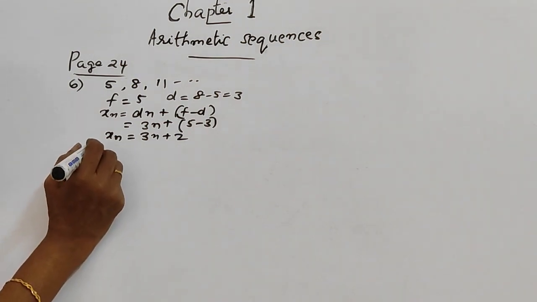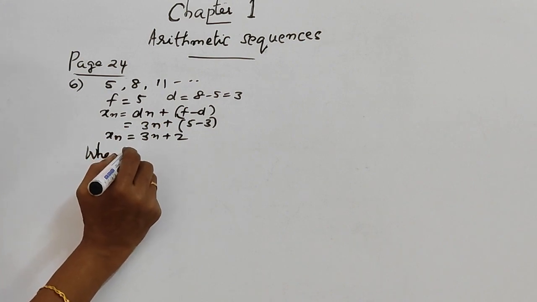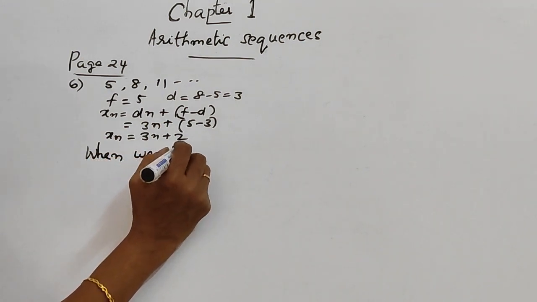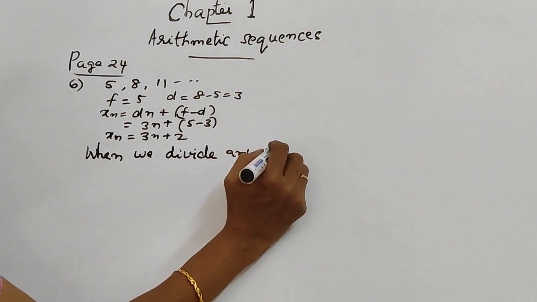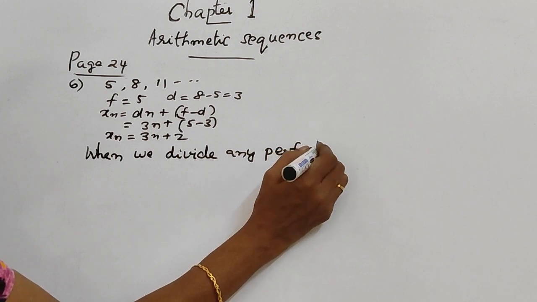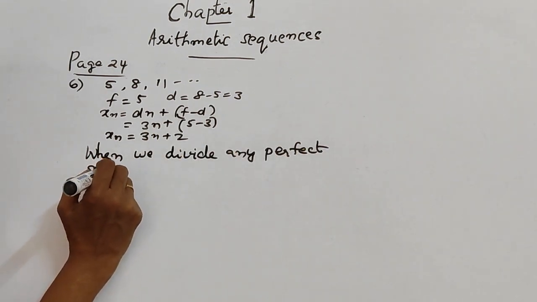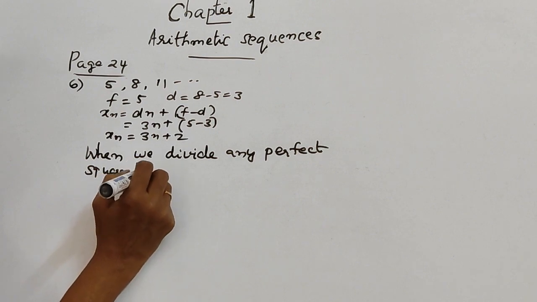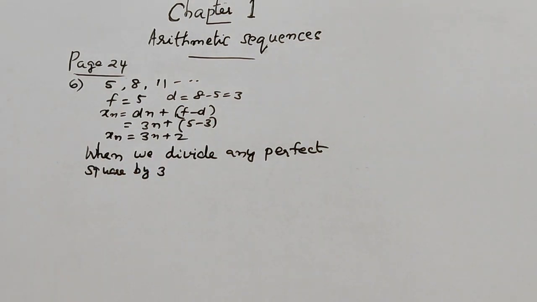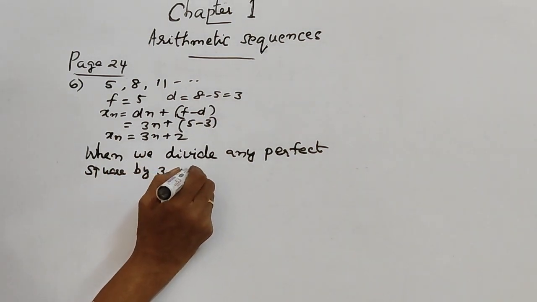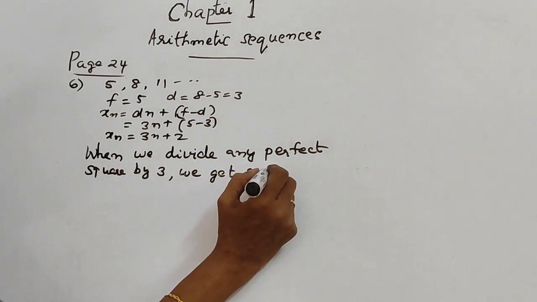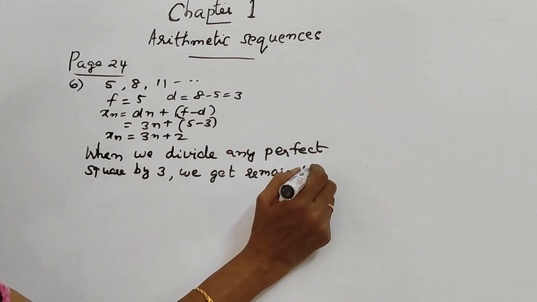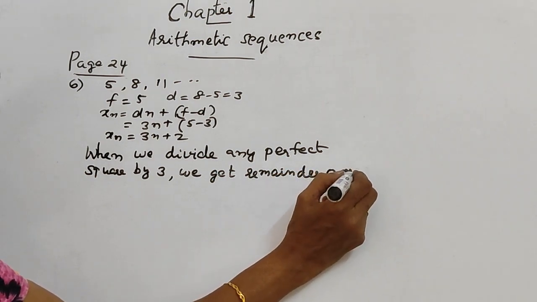We will write: when we divide any perfect square by 3, we have to get remainder 0 or 1.